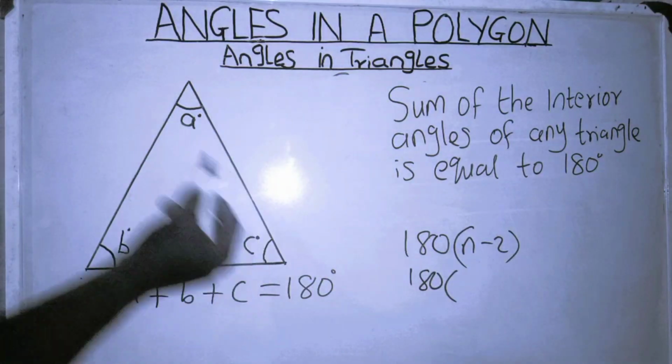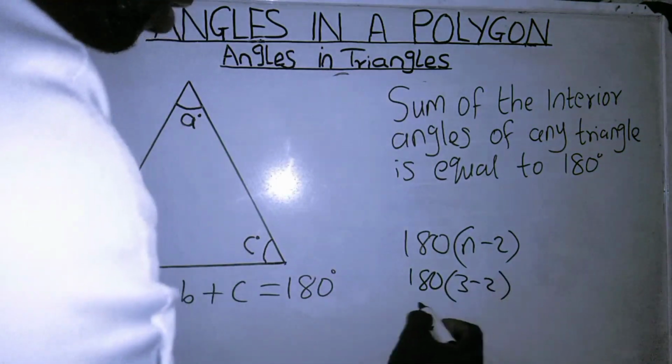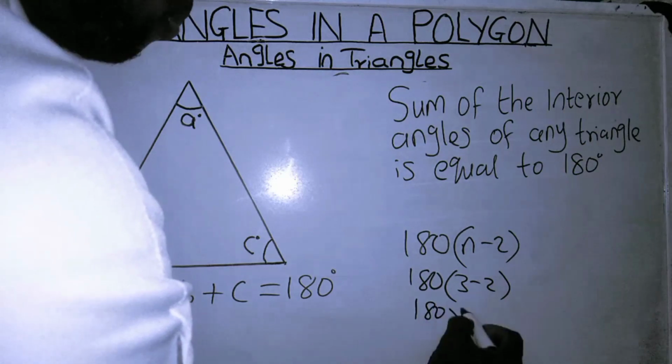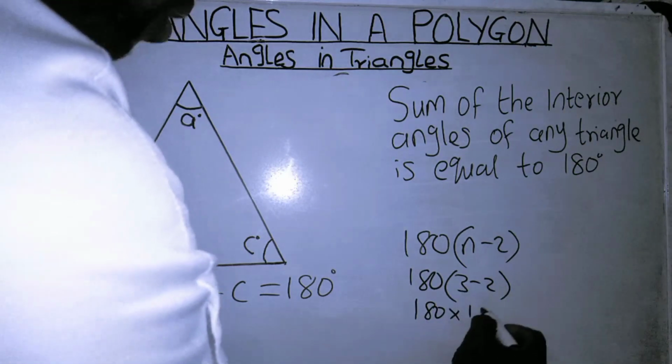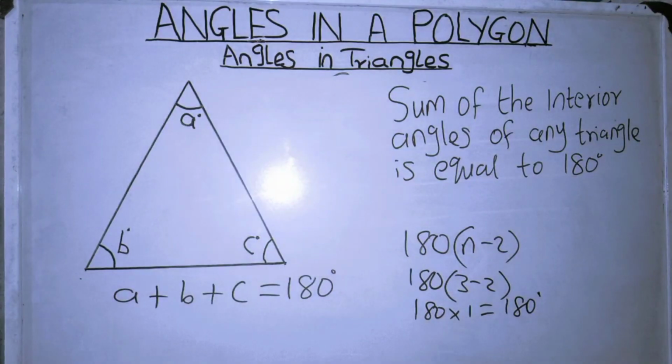That was 3, because a triangle has 3 sides. 3 minus 2 gives us 1, and 180 multiplied by 1 will give us what? 180 degrees.